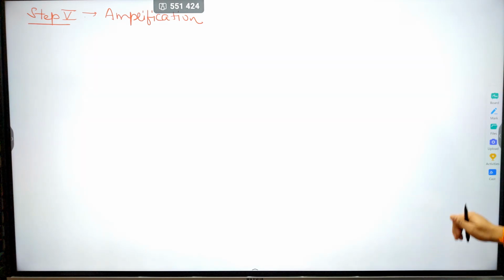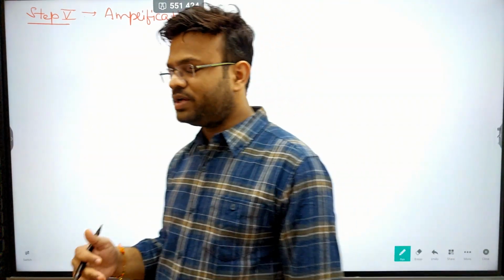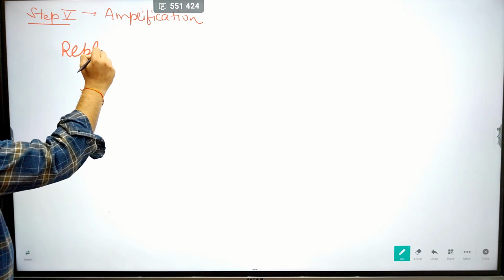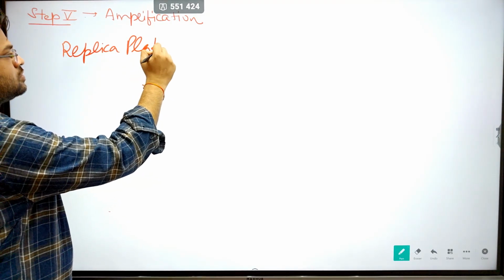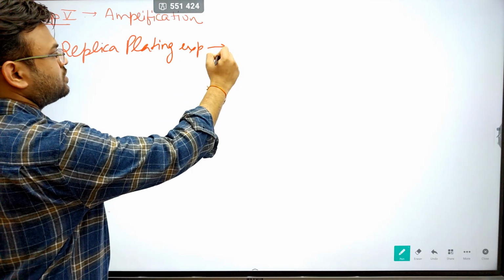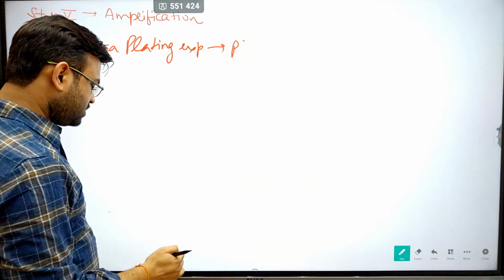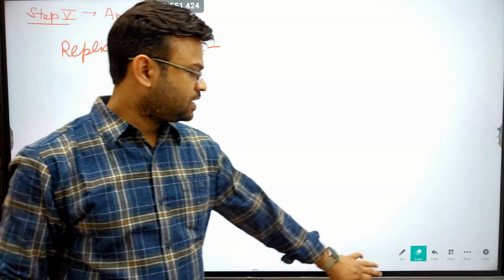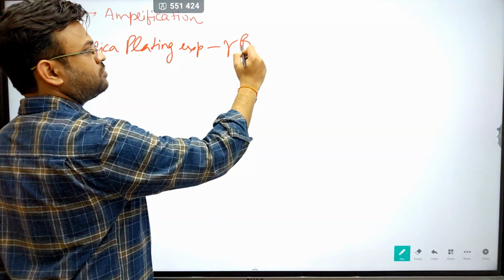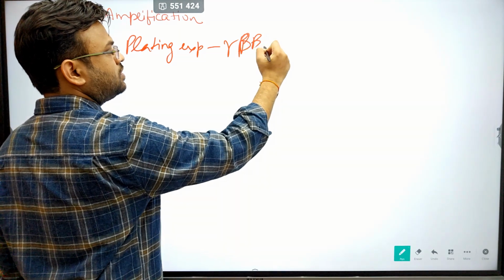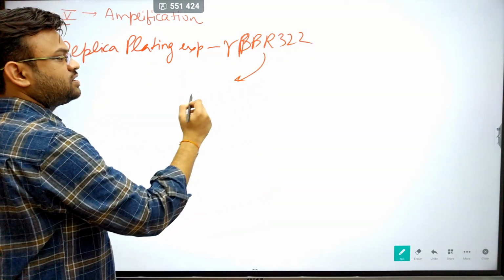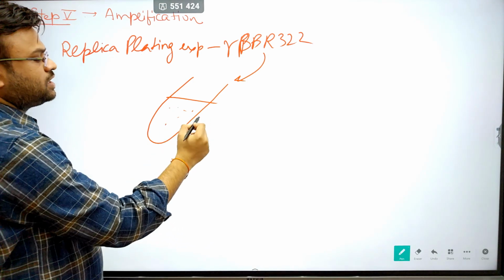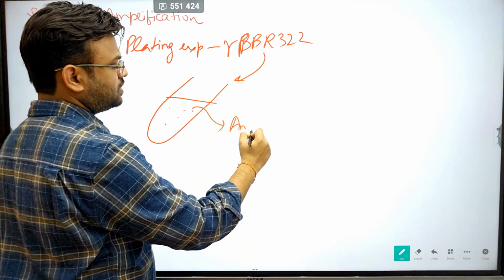Let us move forward. Now in the next case, through the replica plating experiment, you find out which one is the recombinant pBR322, and just transfer it to another test tube, let us say, and in this way the bacteria will start to grow and amplification occurs.